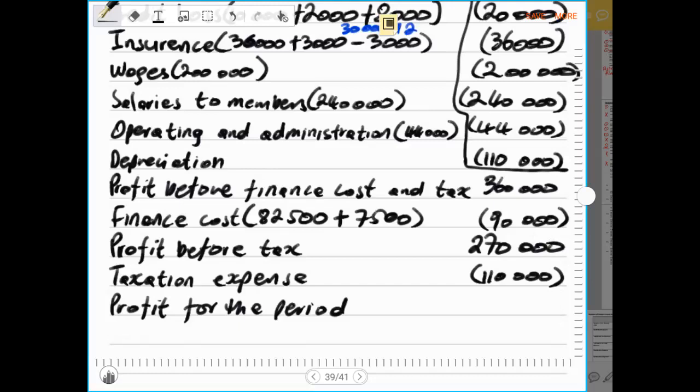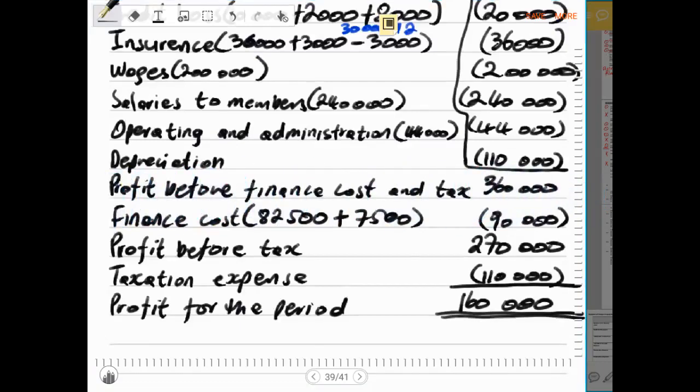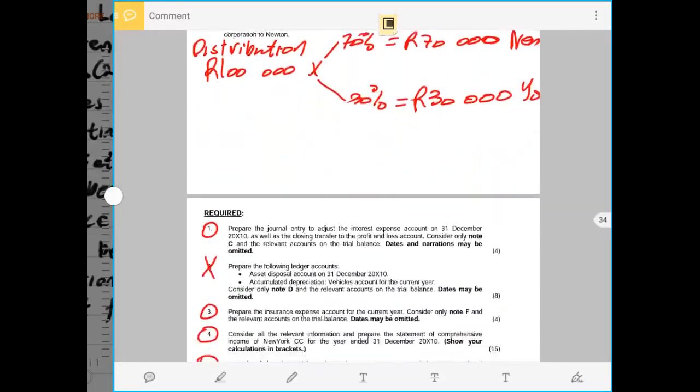Then we subtract our tax expense of 110,000 rands. That will give us profit for the period as 160,000 rands. So that will be the profit for the period, which goes straight to the statement of changes in equity.